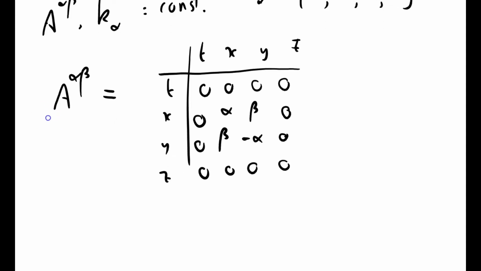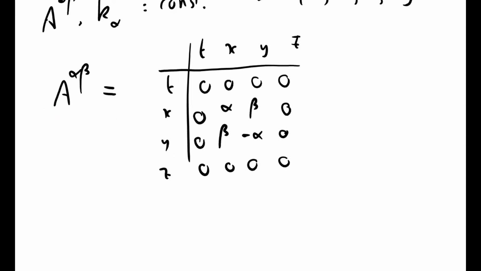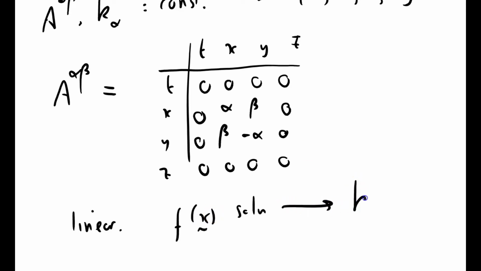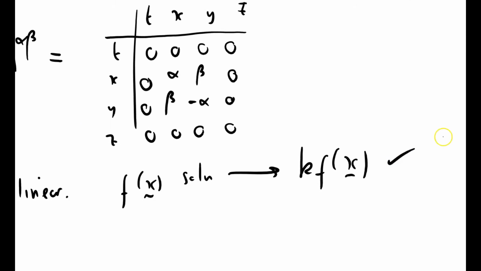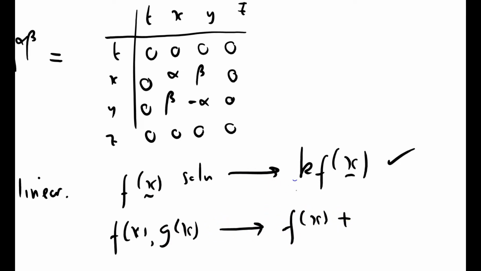What I'm going to do is remind ourselves that the equations are linear. So if we've got a solution f of x, then that tells me that I can multiply f by any scalar and it's still a solution. Also, if f of x and g of x are solutions, then f of x plus g of x is also a solution.